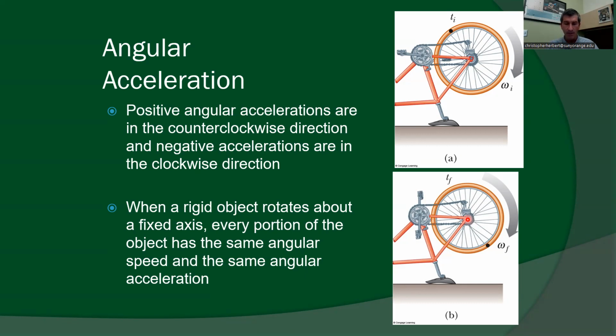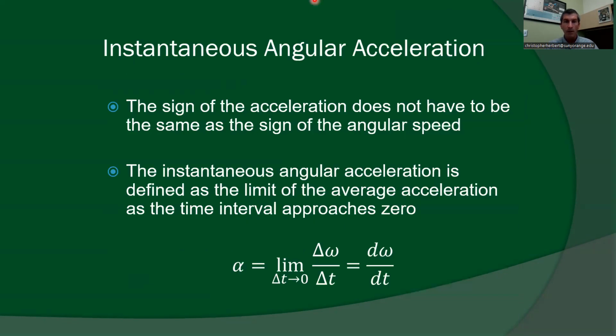In those particular cases, we worry about counterclockwise and clockwise being positive or negative. And again, as we take the limit for our change in time going to 0, we would say that our angular acceleration alpha is just d omega dt.